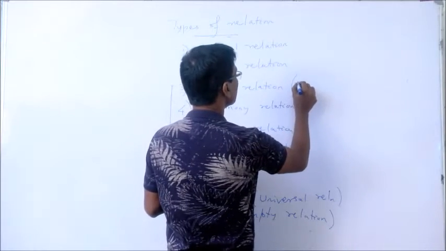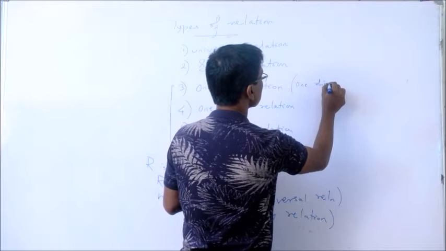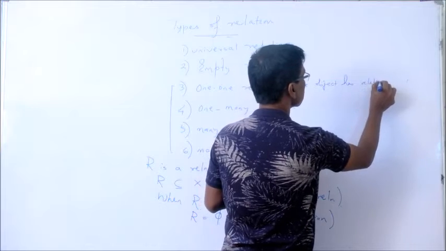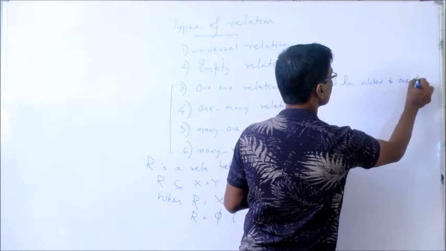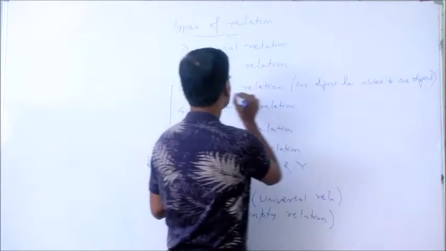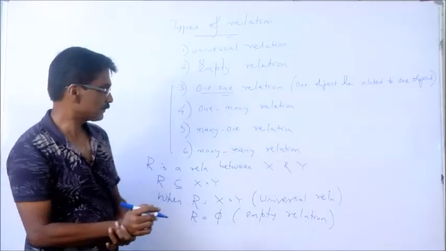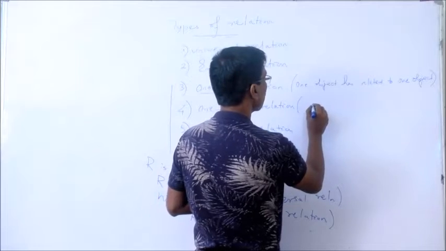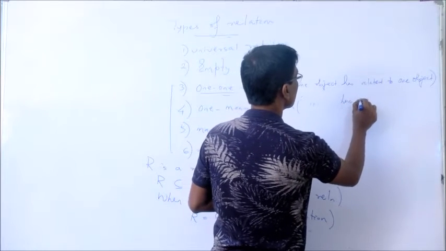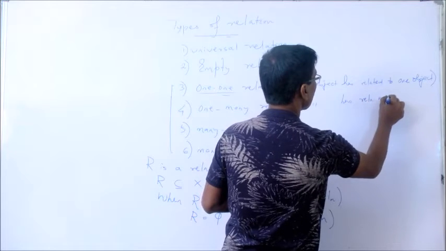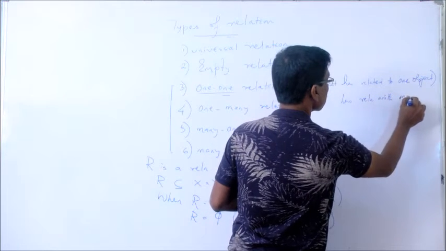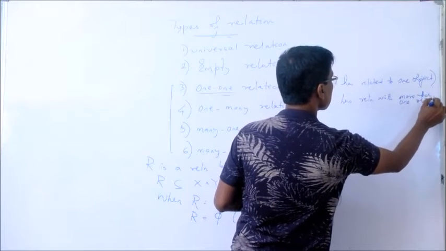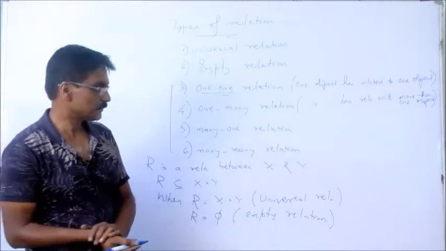Obviously, if one object is related to one object, it is called one-one relation. And one-many relation, if one object has relation with more than one object, it is called one-many relation.